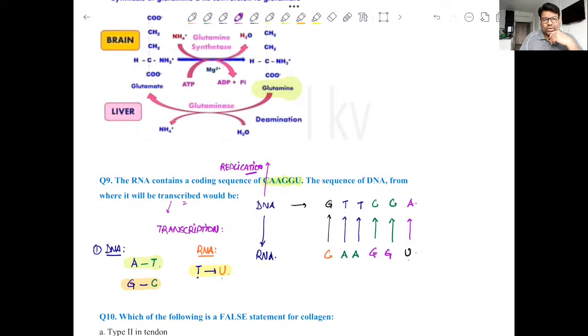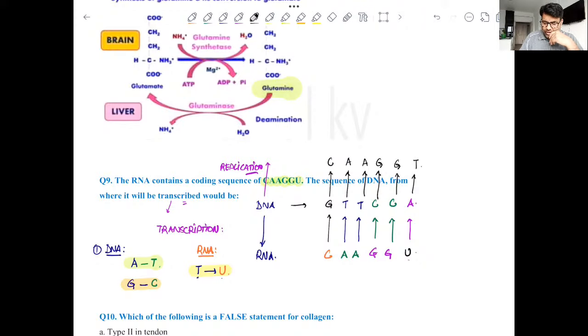Now replication is synthesis of DNA strand from DNA. So here we can write the sequence like G will pair with C, T will pair with A, T will pair with A, C will pair with G, C will pair with G, and A will pair with T.